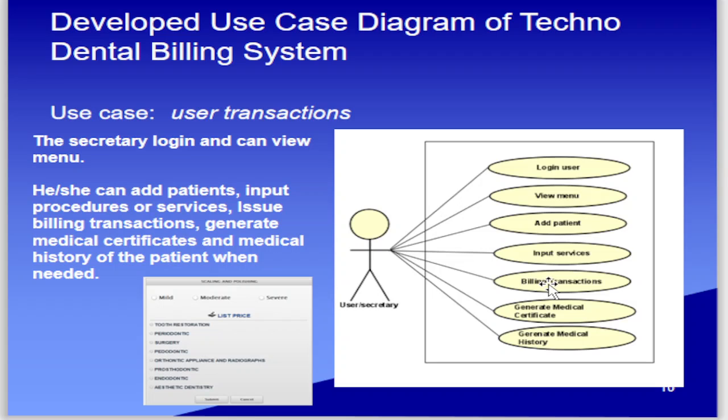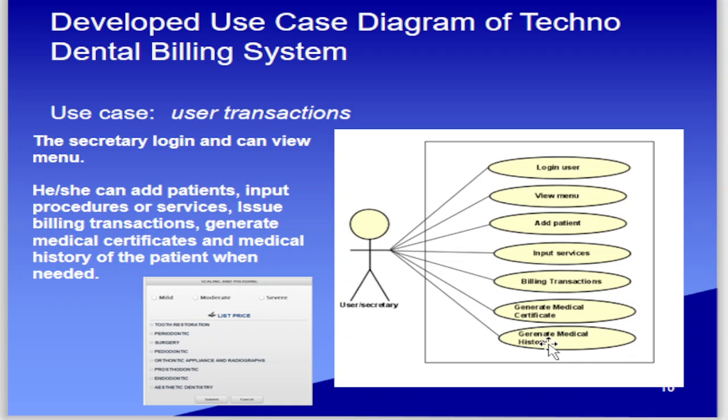Then the generation of the medical certificate and history is just an added feature of the system. When the patient asks for their medical certificate, it may be needed by the company where they are working. And likewise, the medical history.